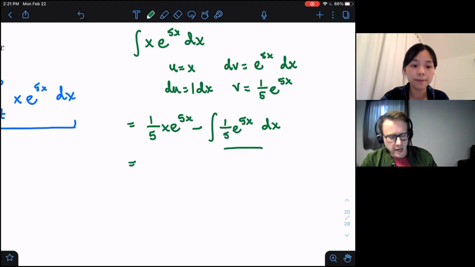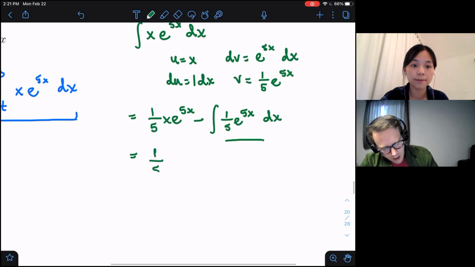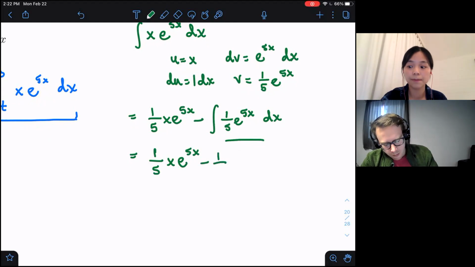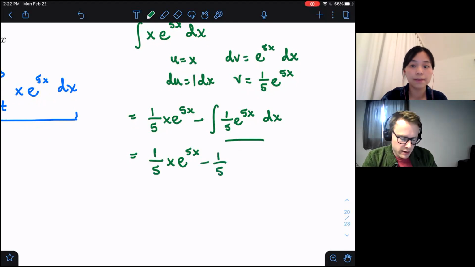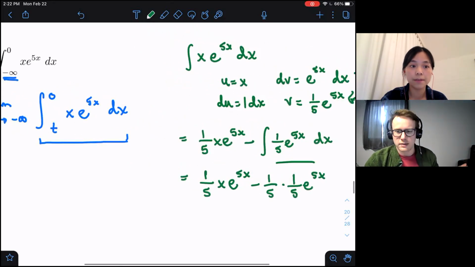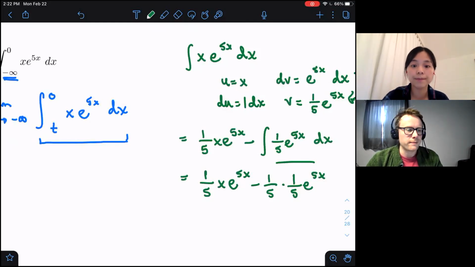We have 1/5 x e to the 5x. When we integrate this, the 1/5 is along for the ride, and when you integrate e to the 5x, notice we already did that up here. You again get a 1/5 e to the 5x plus some constant of integration. But remember, we're about to be plugging some stuff into this, so maybe we aren't so concerned with that yet.